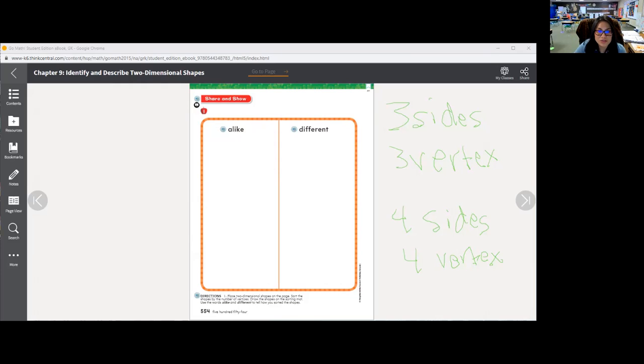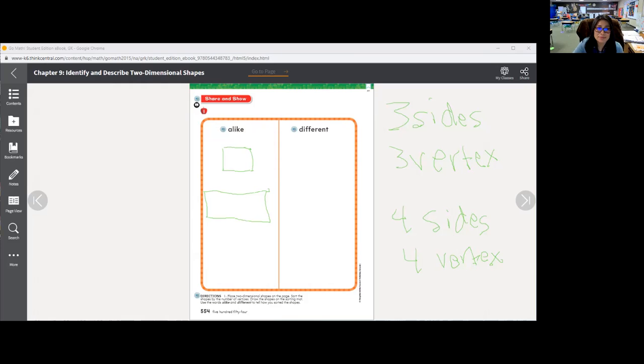So that's how the square is. 1, 2, 3, and 4, because the square has 4 sides and 4 vertex. Okay, so that's one thing they have in common. That and the rectangle. The rectangle has the same thing, 4 sides and 4 vertex.